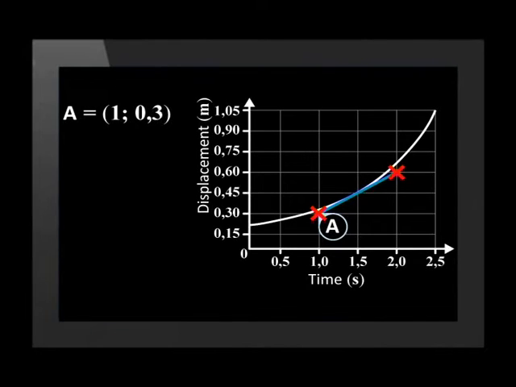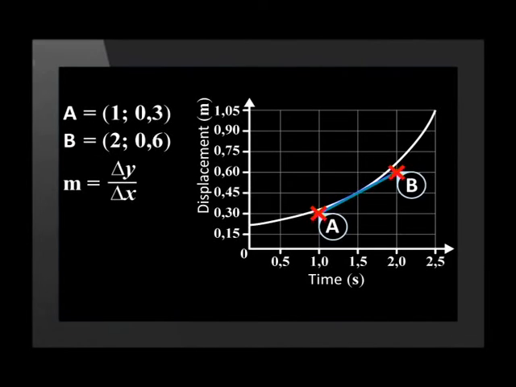The point A has an x value of 1 and a y value of 0.3. And point B has an x value of 2 and a y value of 0.6. Now we use the equation for the gradient of a straight line. The gradient of a straight line is calculated as the change in the y values divided by the change in x values.